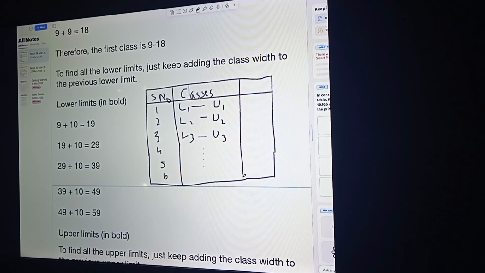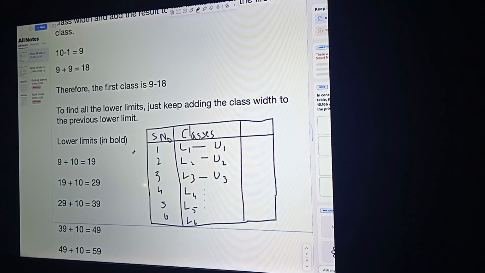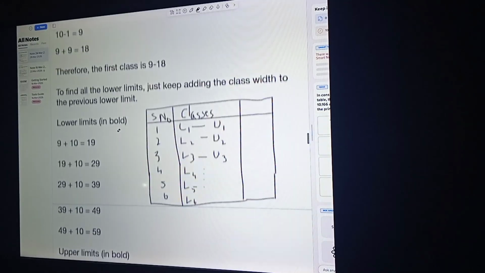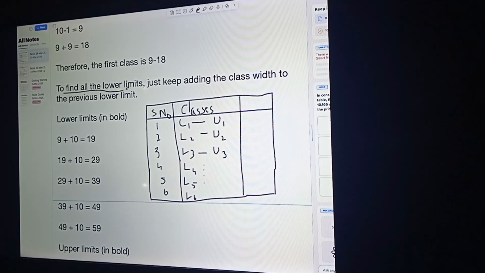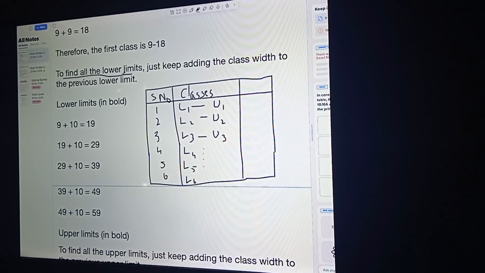Now what we need to write in all these L1s, so for these lower limits, suppose L4, L5 and L6, you need to find all these lower limits. Just keep adding the class width to the previous lower limit.